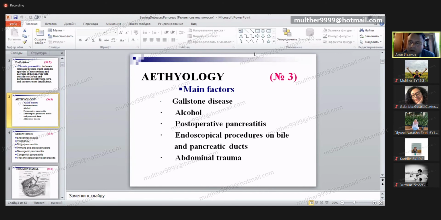I told you about the total volume of the main pancreatic ducts. It's only less than 2 milliliters, and injection of the contrast means in the system of the biliary ducts and pancreatic ducts leads to very high increase of the intrapancreatic pressure.